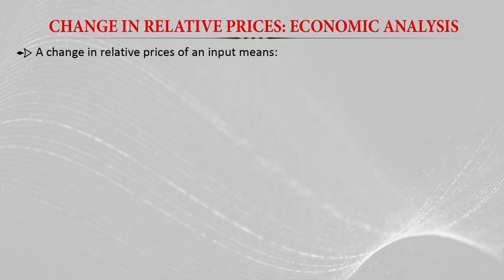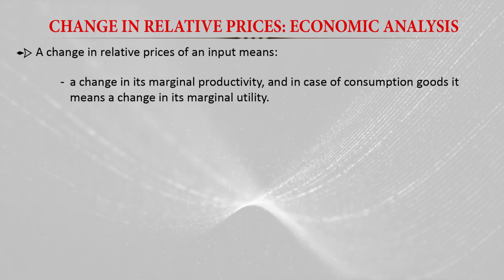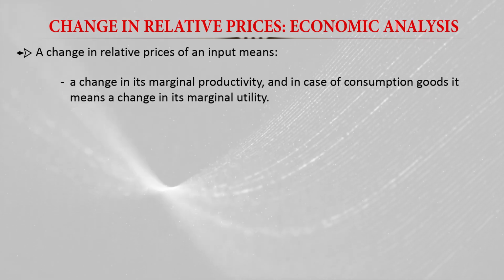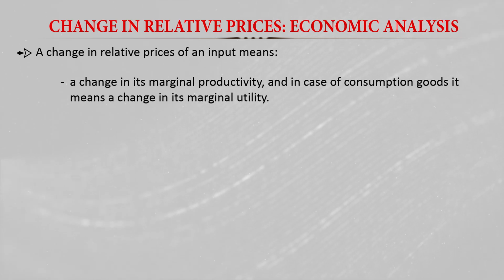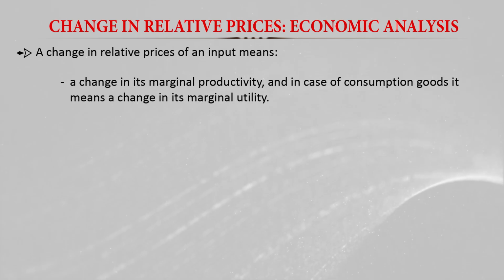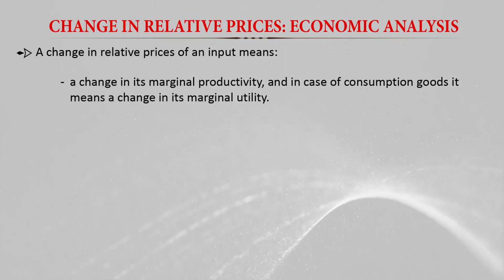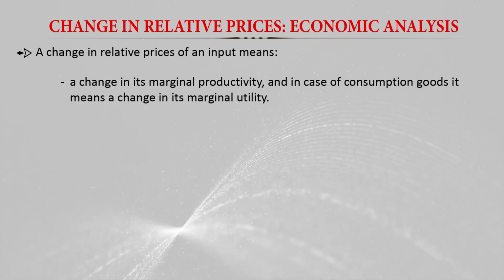But in case of the economic analysis, the scenario is different, and we have to treat the change in the price relation differently. A change in the relative price of an input means a change in its marginal productivity. When the input prices change, the level of production will change automatically, because we always compare the marginal productivity with the price of the input.